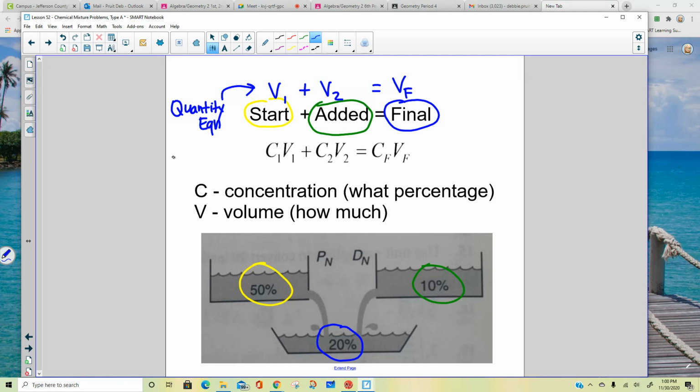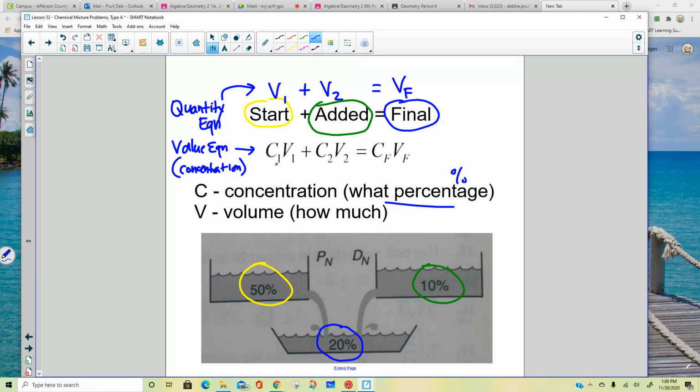And then if you remember with our coin problems, we have a value equation, where we add money plus money equals money. Only our value here is not money, but concentration. The concentration of a certain substance, and we're going to assume that's as a percent.